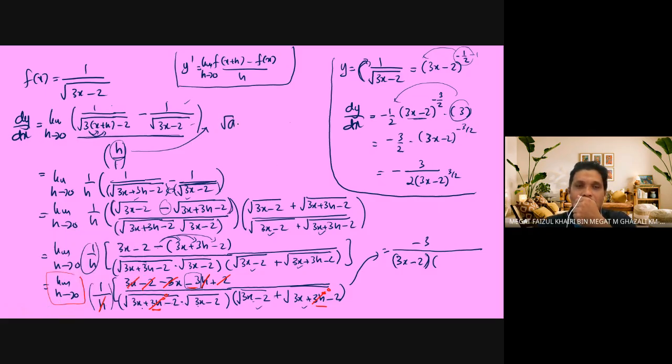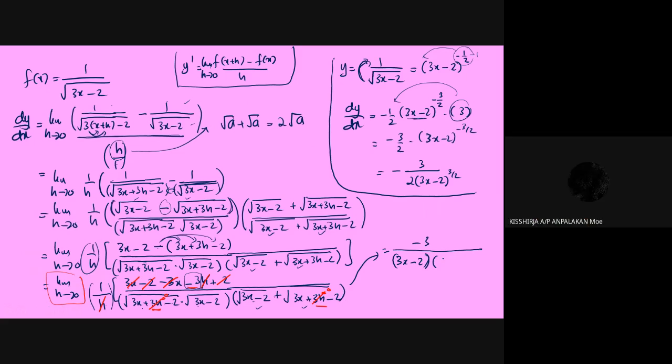Square root of a plus square root of a equal to 2 square root of a. Okay, good. So now square root of 3x minus 2 plus square root of 3x minus 2 is 2 square root 3x minus 2. Good.